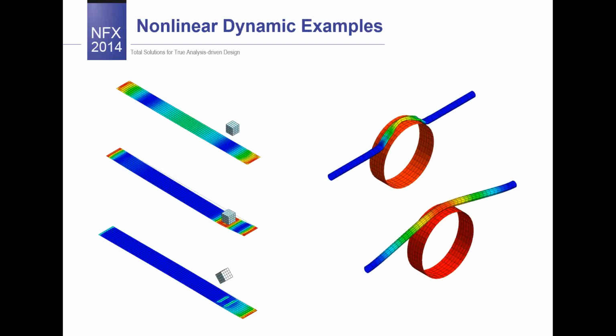And now let's switch to the software and make a few examples for implicit and explicit.